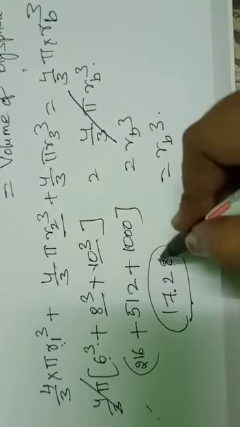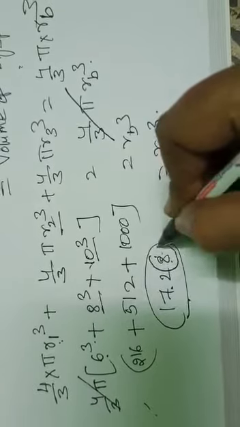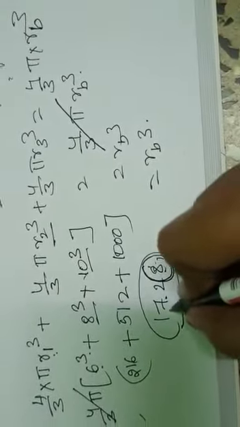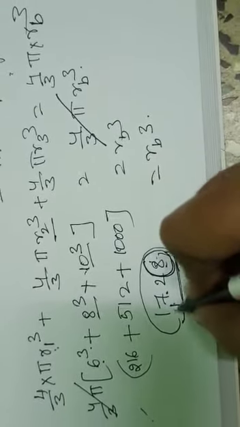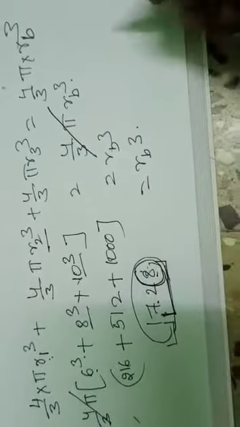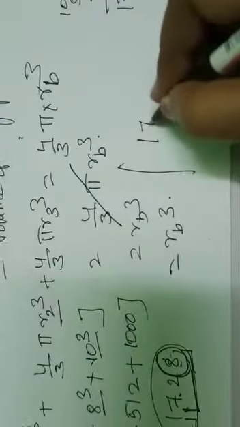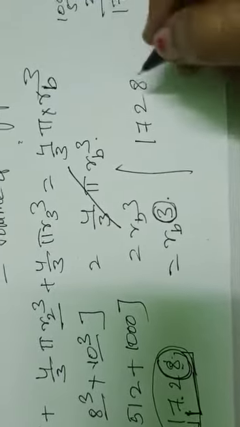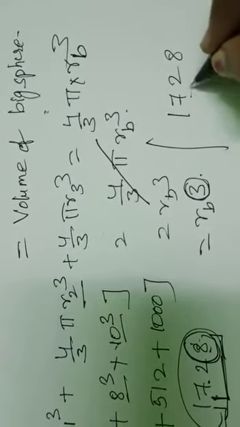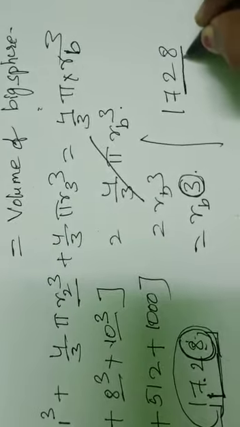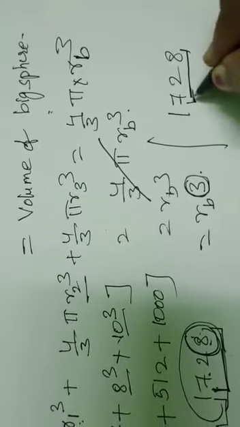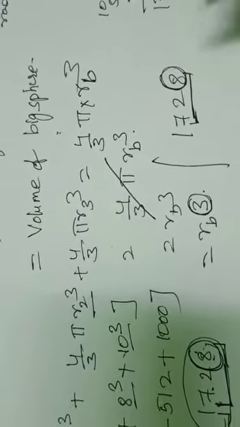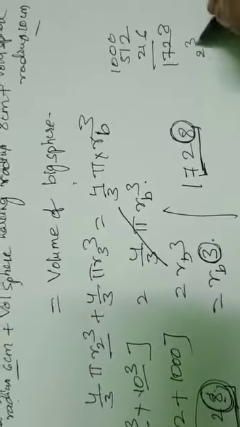See, which number's cube ends with 8? First separate the last 3 digits of 1728, since here we have to find the cube root. Which number's cube is ending with 8? 2. 2 cube is 8.